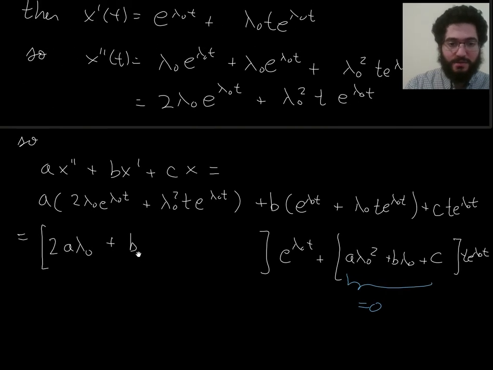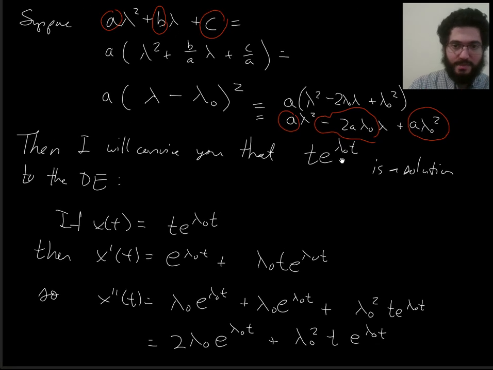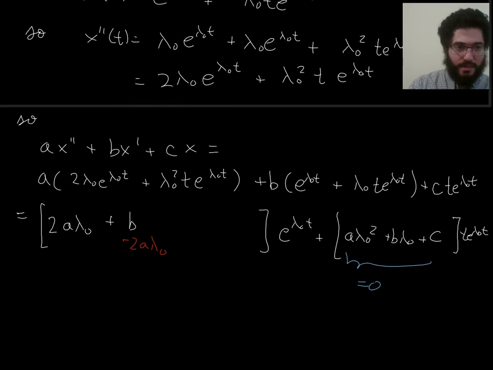But look what we have here. This is b plus 2a lambda. So since b is equal to minus 2a lambda naught, sorry, 2a lambda naught, the minus 2a lambda naught matches up with the b, then this must be 0.